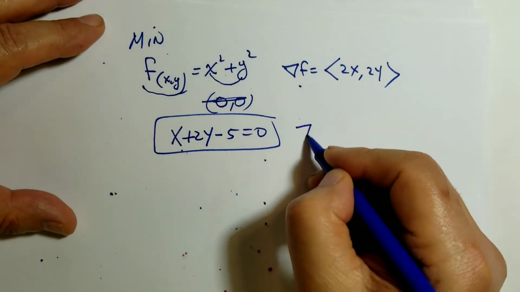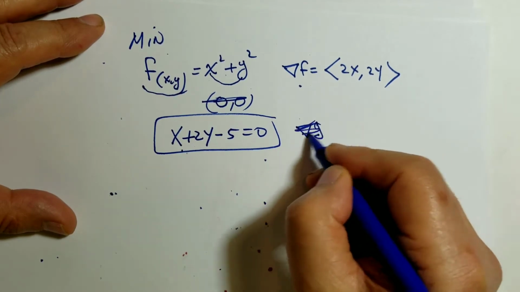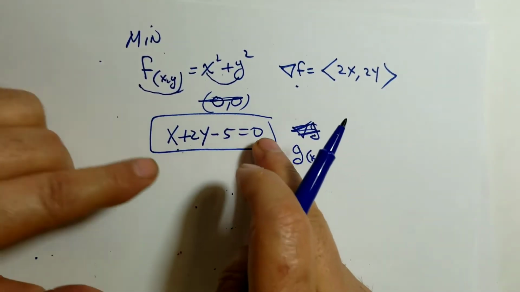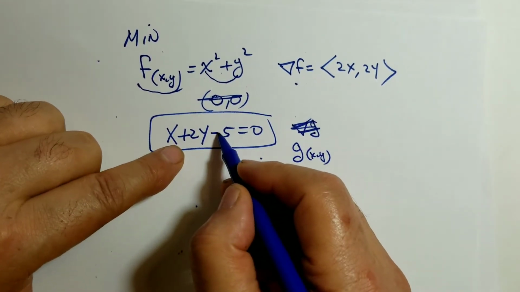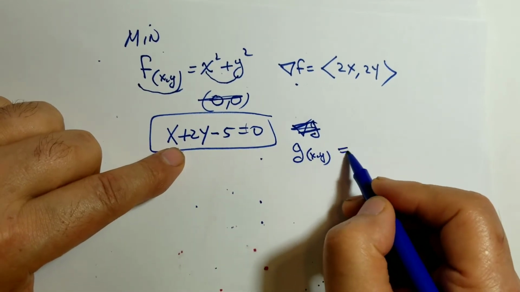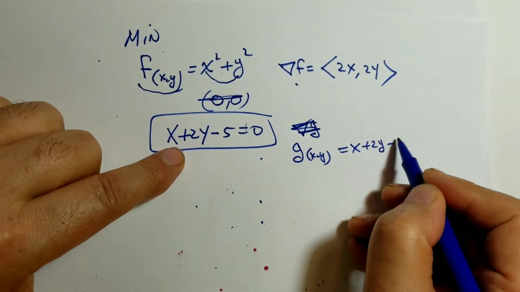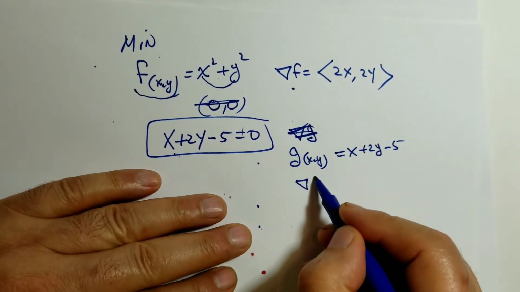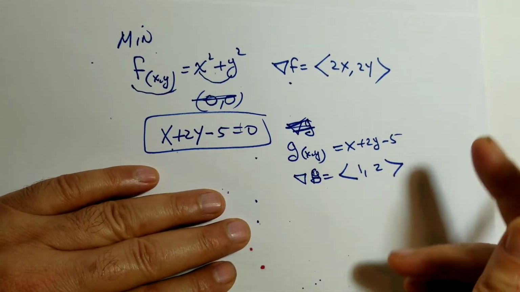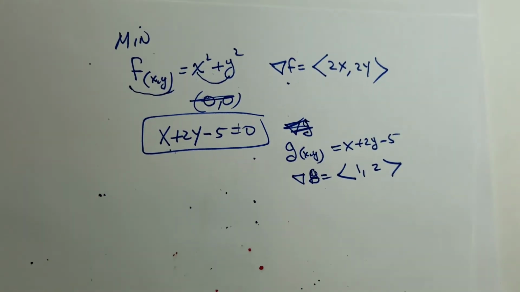Therefore, I'm going to call this one my constraint, g, moving x and y to one side and z to the other side. I'm going to put my z in here. Therefore, the constraint is x plus 2y minus 5. Right now, my gradient has the same number of components as my objective function.